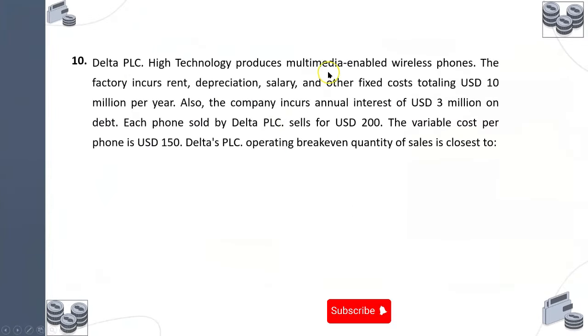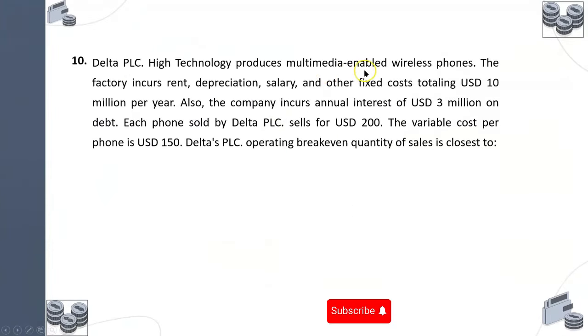This company produces multimedia-enabled wireless phones. The factory incurs rent, depreciation, salary, and other fixed costs totaling 10 million per year. This is the fixed operating cost. Also, the company incurs annual interest of 3 million on debt. That is the fixed financing cost.